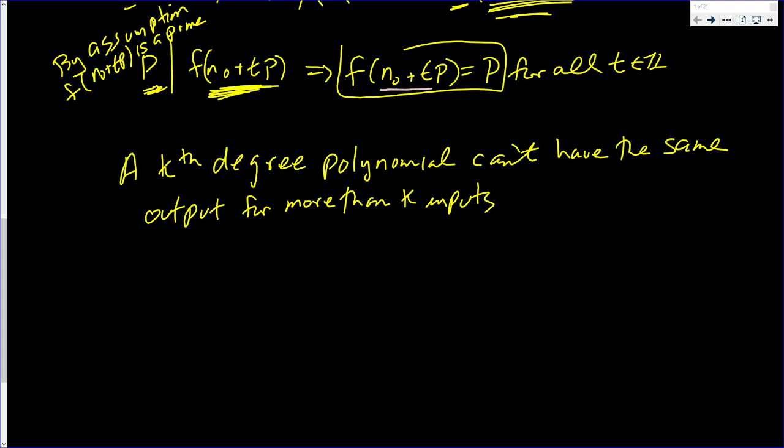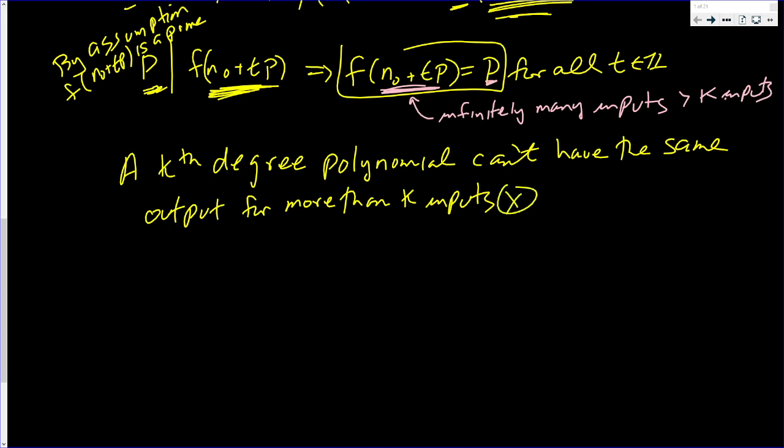This here represents infinitely many inputs, and each one of them has p as an output. Infinitely many inputs is greater than k inputs. Okay, and that's a contradiction. We're getting too many p's.